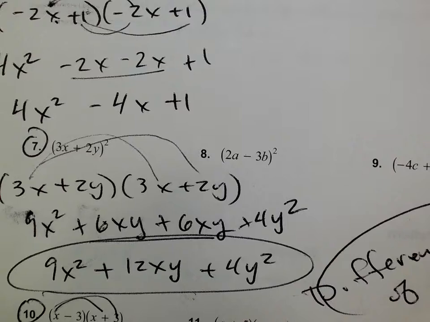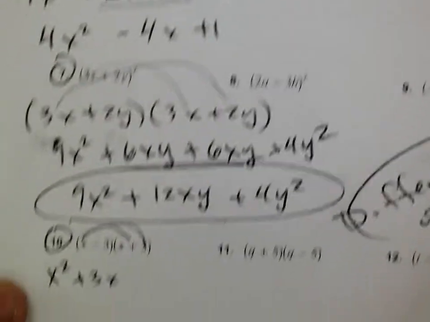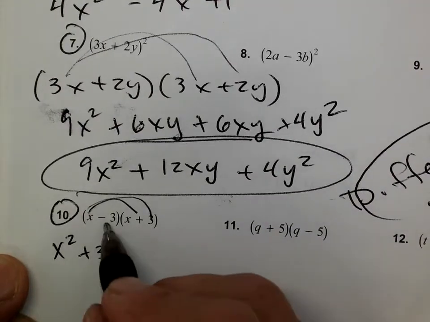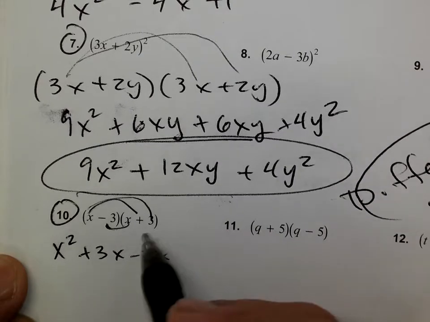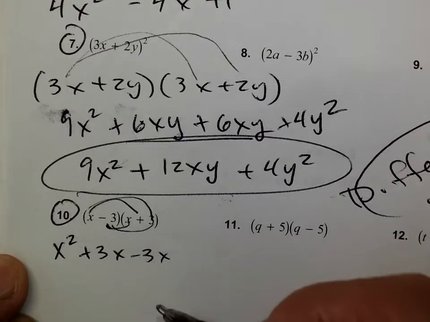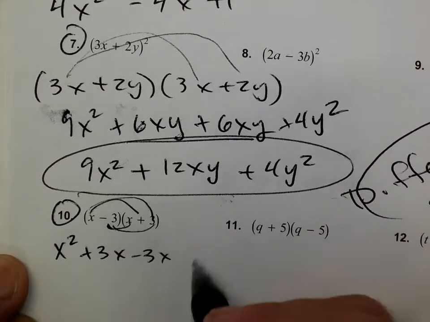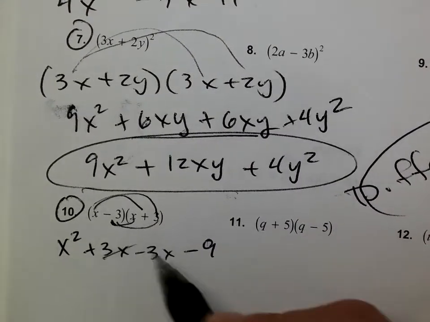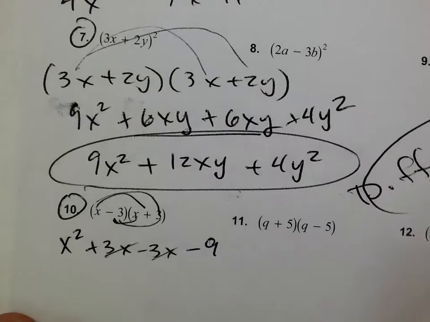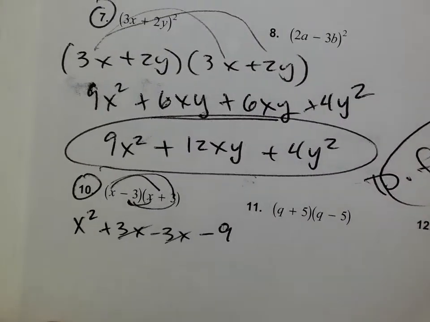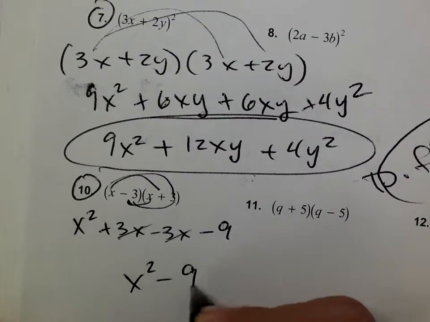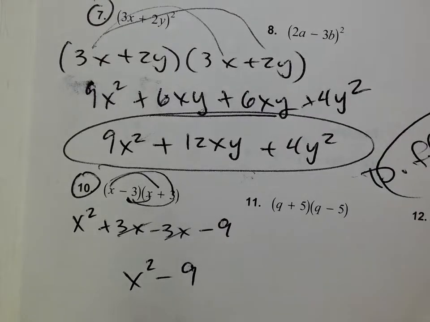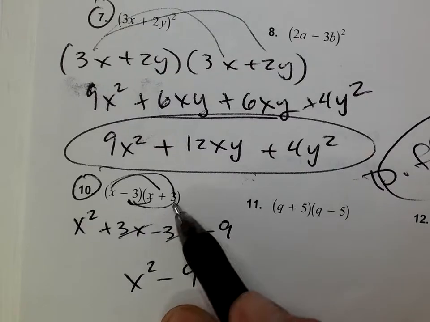X times 3 is a positive 3x. Negative 3 times x is a negative 3x. And a negative times a positive is a negative 9. But what you're going to see on these is the middle terms will cancel each other out, and you'll get x squared minus 9. They call it difference of squares because that's a square number, and that's a square number. In fact, that's 3 squared.